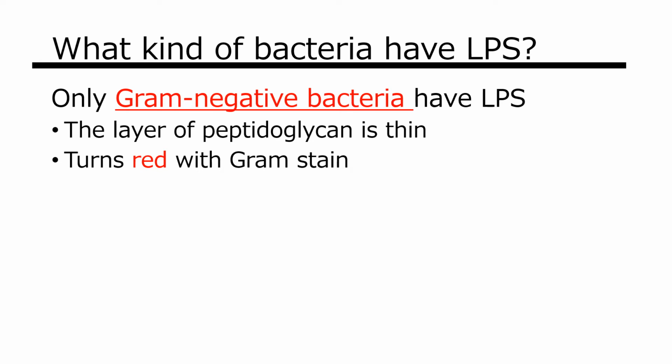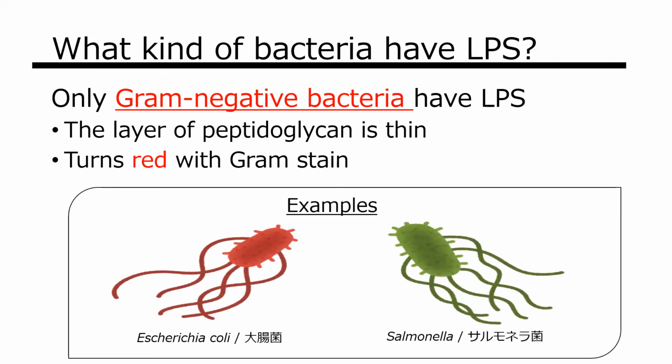Gram-negative bacteria's layer of peptidoglycan, which is a part of the bacterial cell wall, is thin in comparison to that of gram-positive bacteria, so the layer of peptidoglycan turns red with Gram stain. Examples of gram-negative bacteria are Escherichia coli, daichokin, and Salmonella, sarumonerakin.